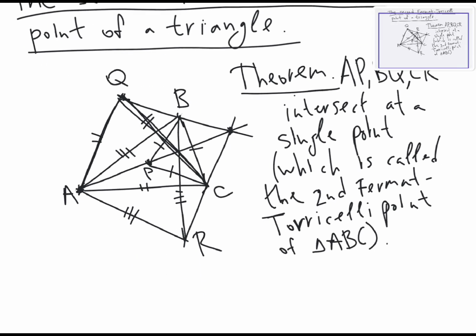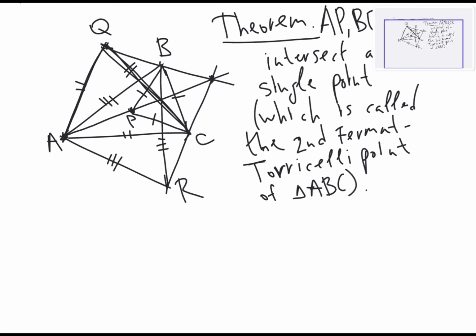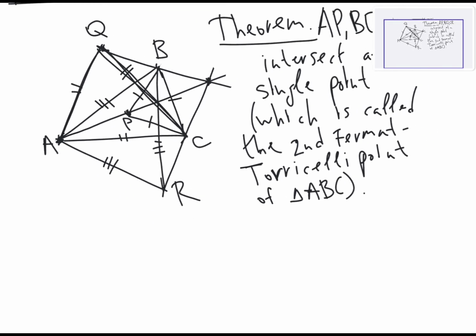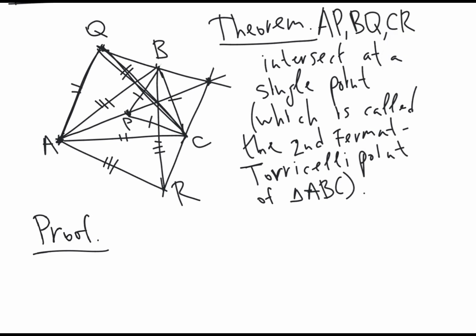let's prove this, and the proof is actually quite similar to the proof for the first Fermat-Torricelli point, but there are still some differences, like the picture looks different, so it's not fully similar.